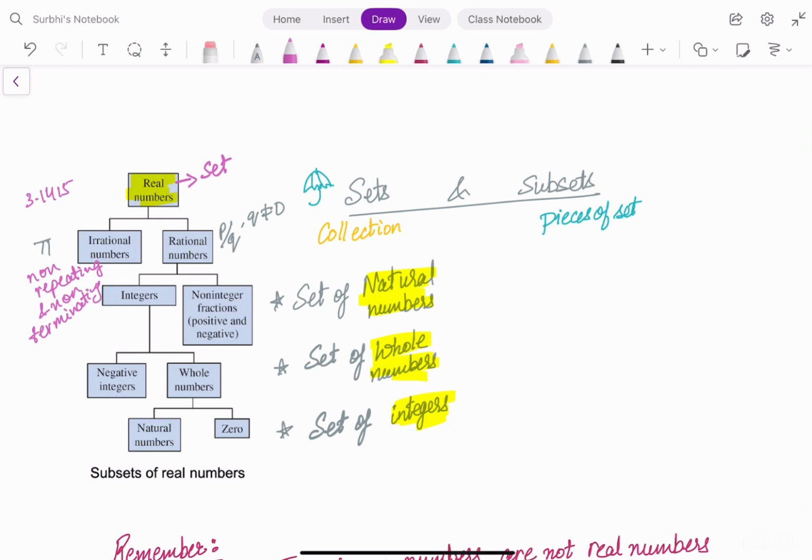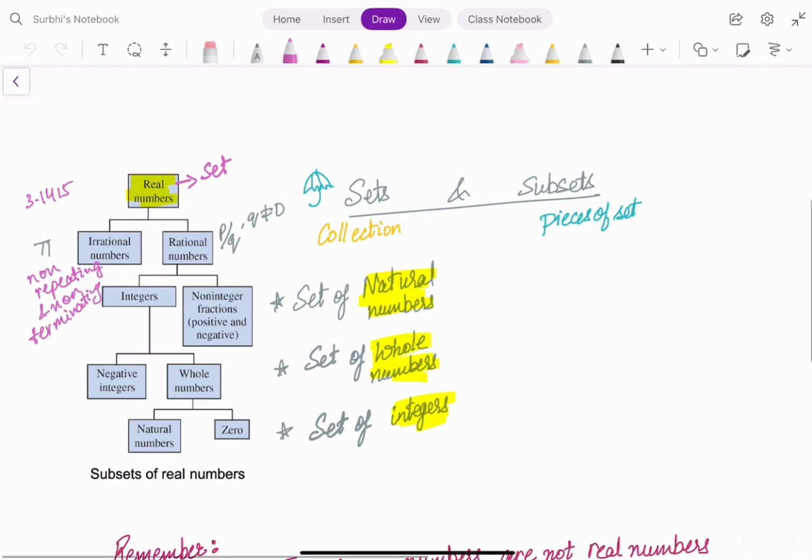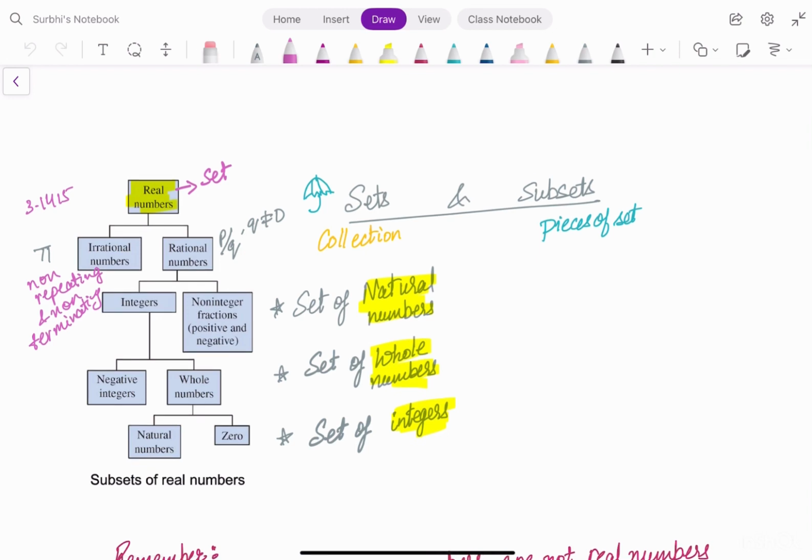So coming back to the set of natural numbers, whole numbers, and integers. What are natural numbers, if I may ask you? You have been learning about natural numbers ever since you started to speak, even before kindergarten. Natural numbers are also called the counting numbers, because we start to write the numbers from 1, 2, 3 and moving forward.